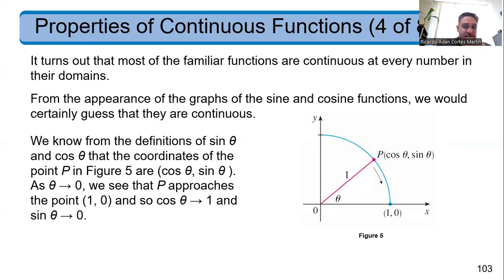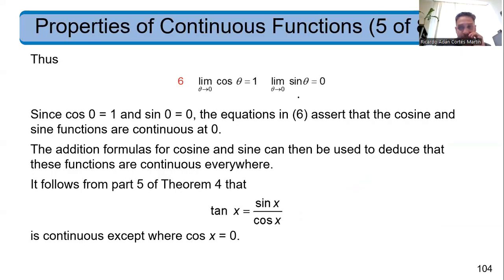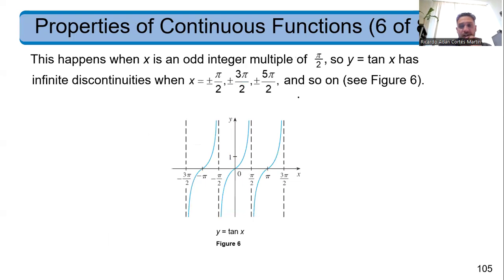It is not continuous at certain values. So, for example, we have the tangent here. And we already explored the asymptotes of the tangent. So that is where the function is not continuous.